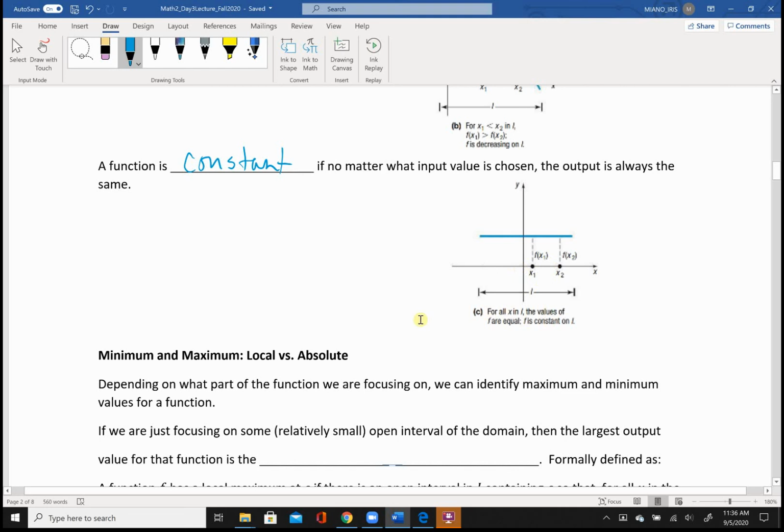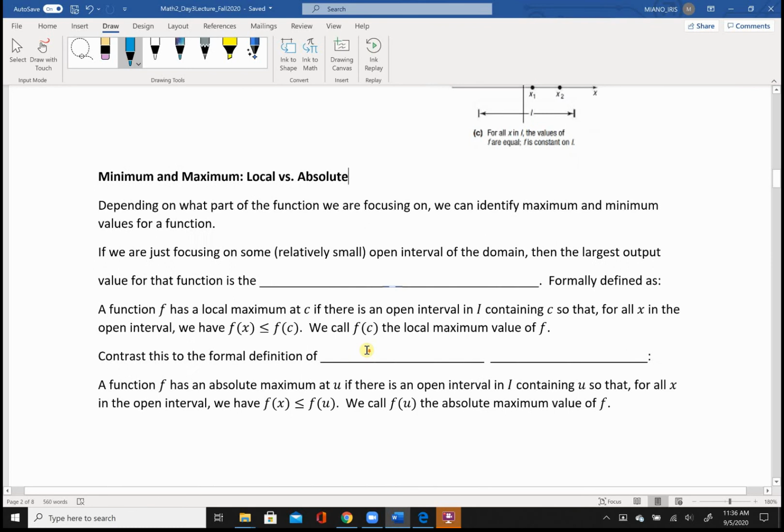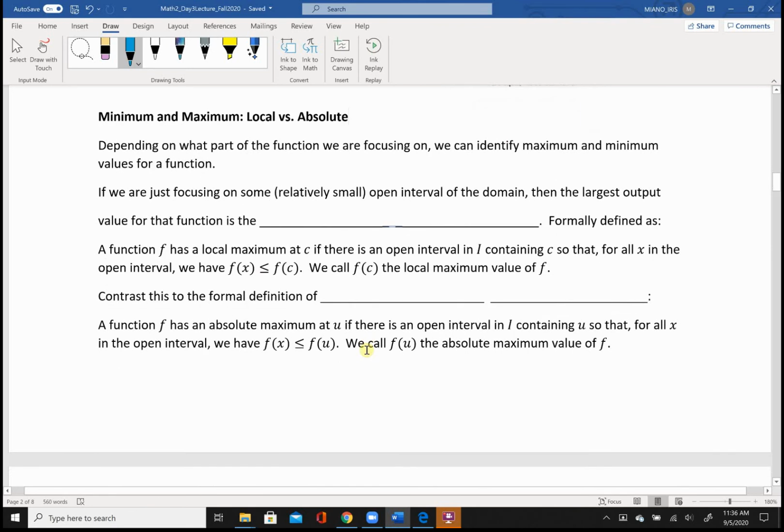Okay, cool. When you have a series of increases and decreases going on in your function, it might behoove you to talk about maximums and minimums, and there's a difference between locals and the absolute. I have a bunch of text, as you can see on the screen and on your corresponding lecture handout, that is pretty much straight out of the book.